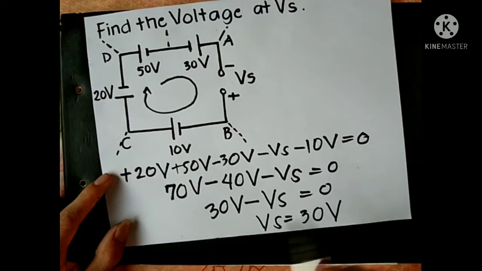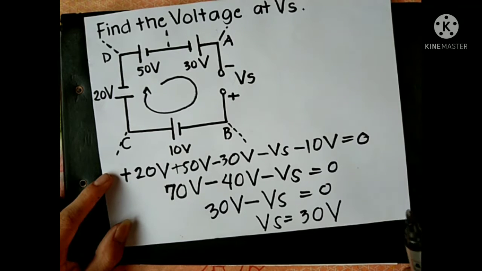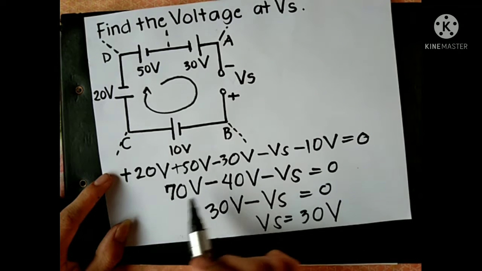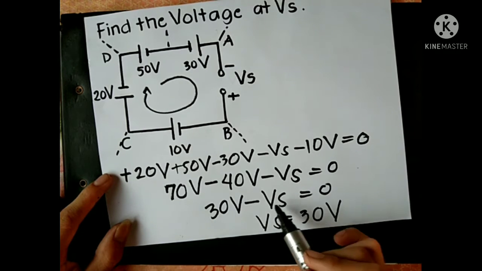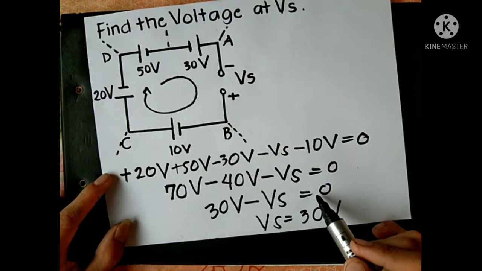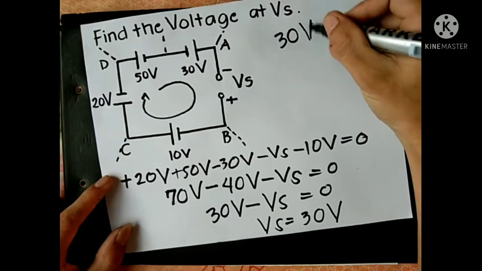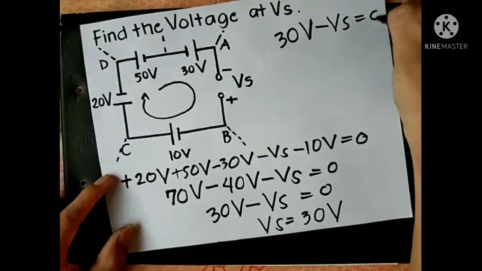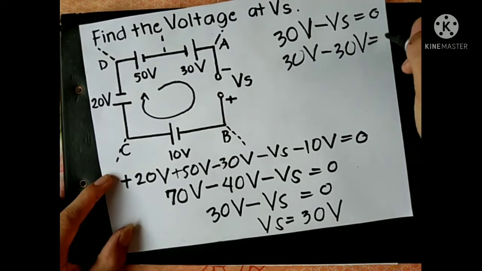So the answer for the voltage source is 30 volts, and according to Kirchhoff's voltage law, the sum of all the voltage drops is equal to 0. When we plug this 30 volts into the equation, 30 volts minus VS equals 0, so 30 volts minus 30 volts is 0.